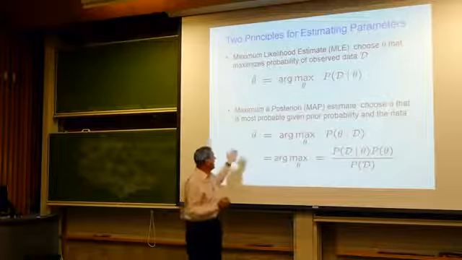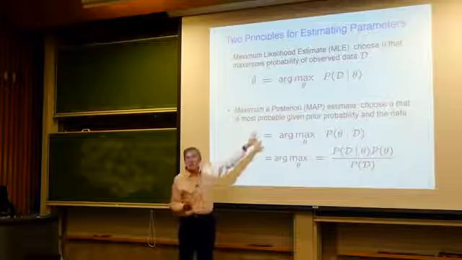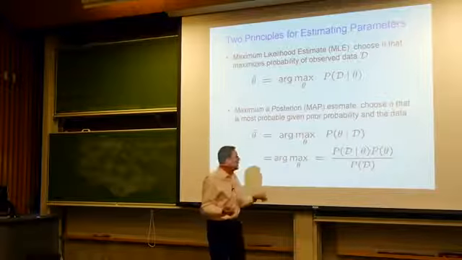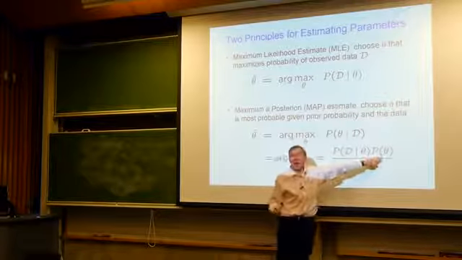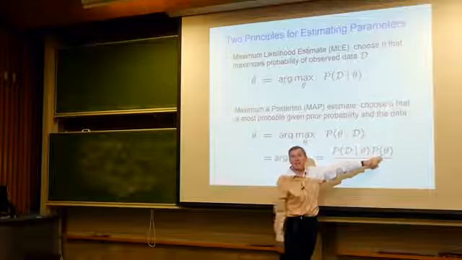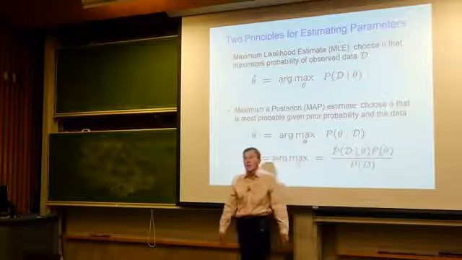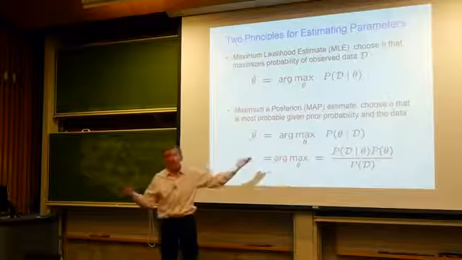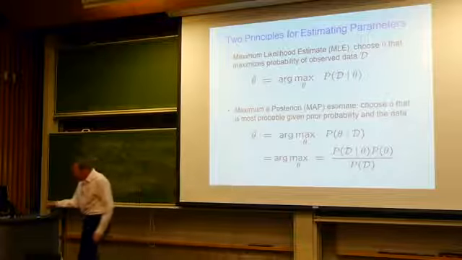And so the idea of MAP estimation is that it gives us a chance to bring in some prior knowledge, or prior assumptions that we do have about the value of theta, and express them as P of theta.